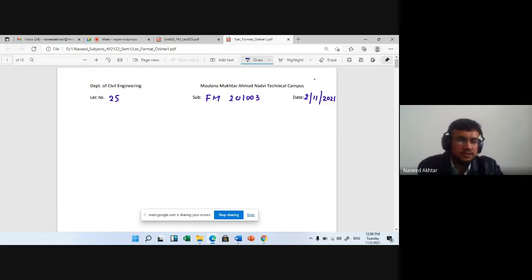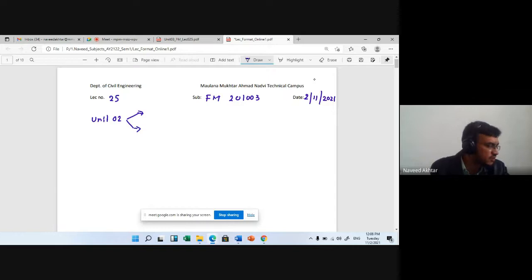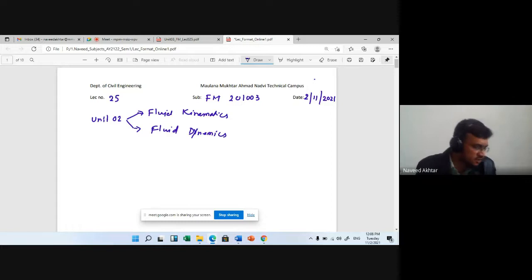So in unit number 2 we have seen the two main parts, that is fluid kinematics and fluid dynamics. In unit number 2 you completed whatever is given in your syllabus set by the Savitribai Phule Pune University.